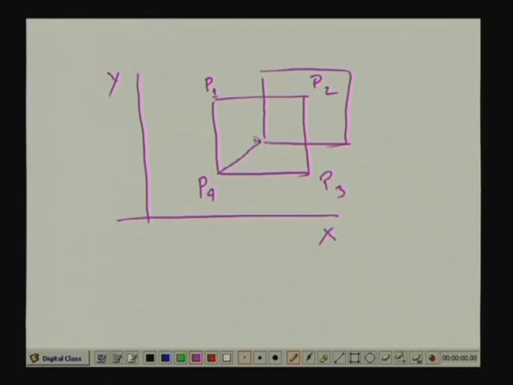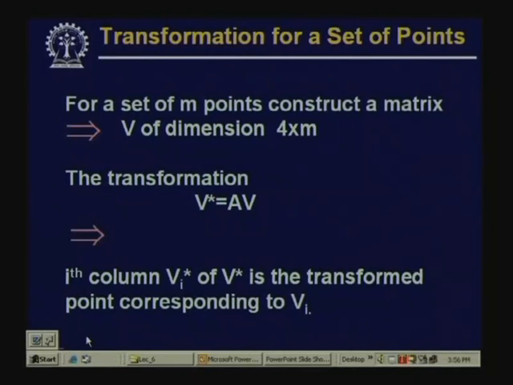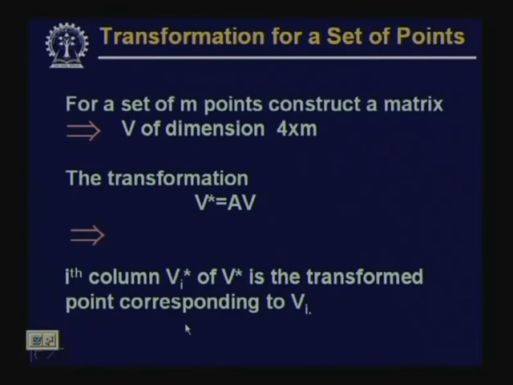You find that all these points P1, P2, P3 and P4 are going to be translated by the same displacement vector v. So, it is also possible to apply the transformation to all the points simultaneously rather than applying the transformation to individual points one by one. For a set of m points, we have to construct a matrix V of dimension 4 by m.